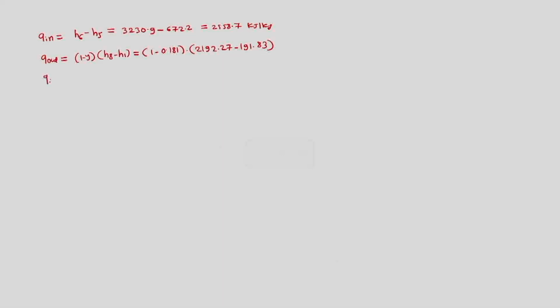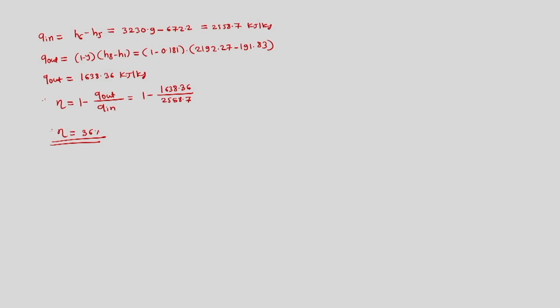So, this gives us Q out, and Q out comes out to be 1638.36 kilojoule per kg. So, we can find out efficiency, which happens to be 1 minus Q out upon Q in, and that is 1 minus 1638.36 divided by 2558.7. So, efficiency comes to be 36%.